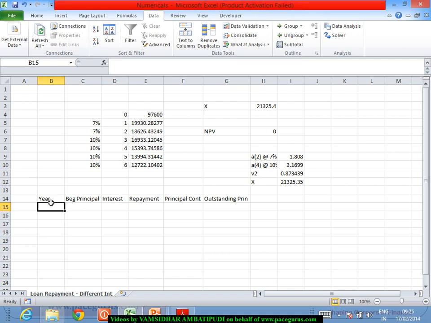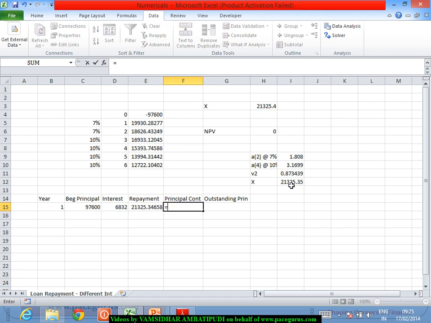Year 1, beginning of the year, the principal is your loan amount 97,600. The interest on it, based on this 97,600, we have a 7% interest for the first year. So this is the interest part. Then the repayment actually is 21,325.